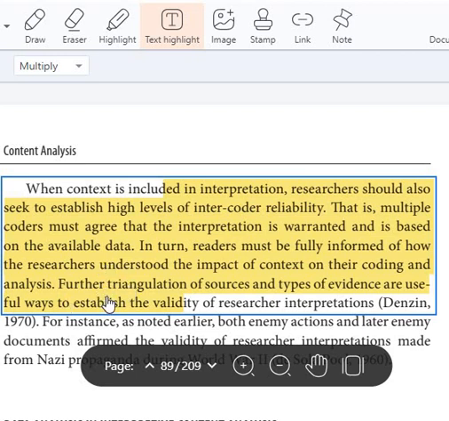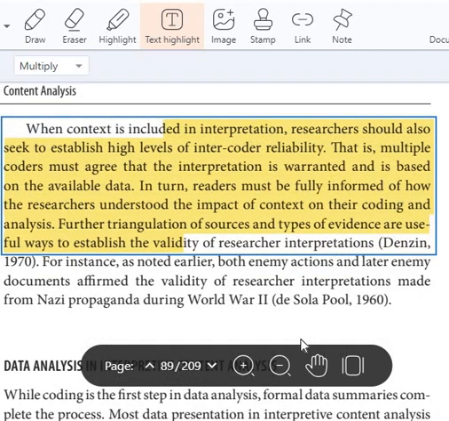So we've got something called triangulation of sources, and types of evidence are useful ways to establish the validity of researcher interpretations. For instance, as noted earlier, both enemy actions and later enemy documents affirmed the validity of the researcher interpretations made from the Nazi propaganda during World War II.